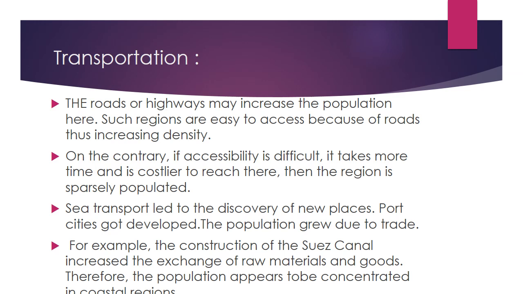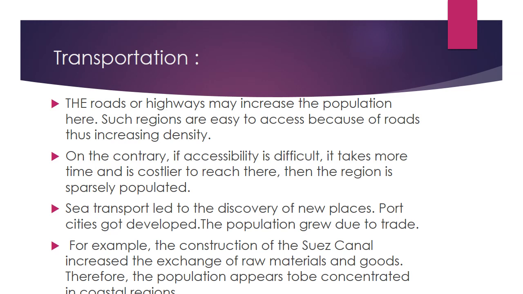Next is transportation. Roads or highways may increase the population here. Such regions are easy to access because of roads, and thus the density increases. Wherever there are good, well-equipped highways, such places are very easy to access. You can conveniently go to those places.